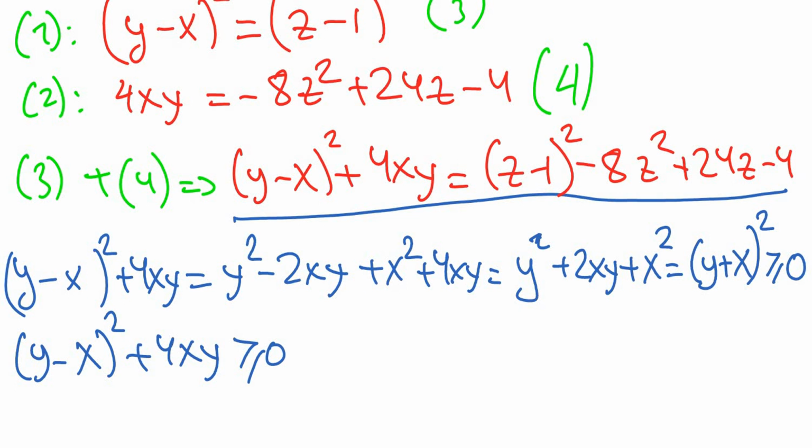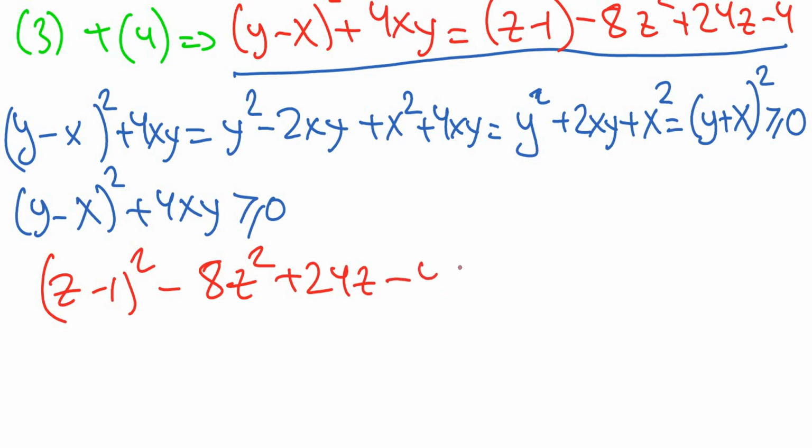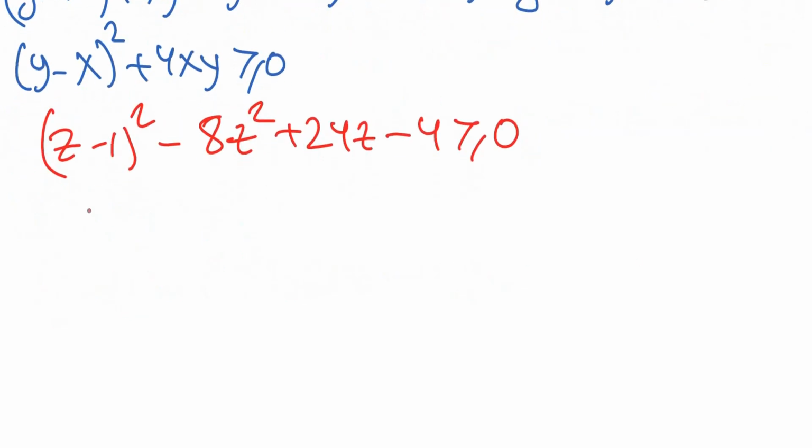So then the right hand side, (z minus 1) to the power of 2 minus 8z squared plus 24z minus 4, must be greater or equal than 0. Let me now solve this inequality.